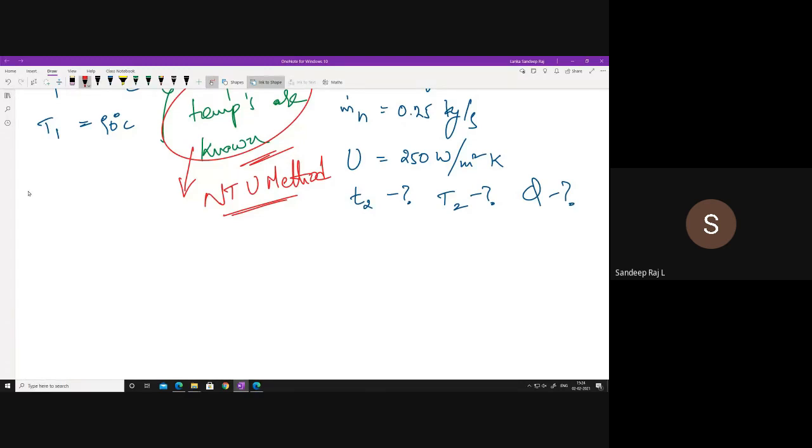Okay, so same thing again, NTU you have to find. So for finding NTU, what is the formula, చెప్పండి ఫాస్ట్ గా. UA by Cmin.